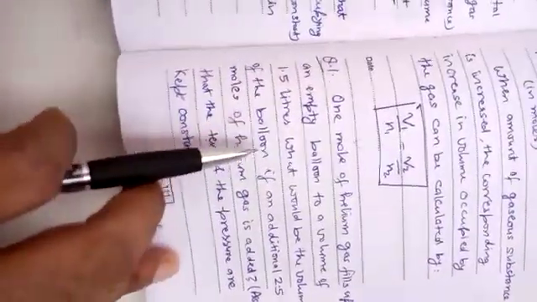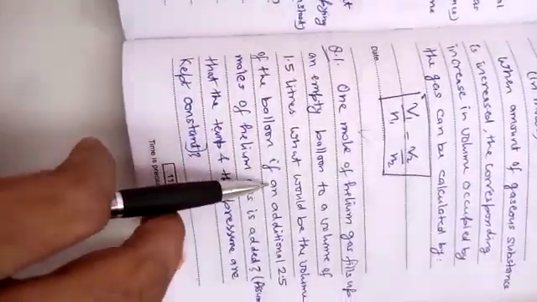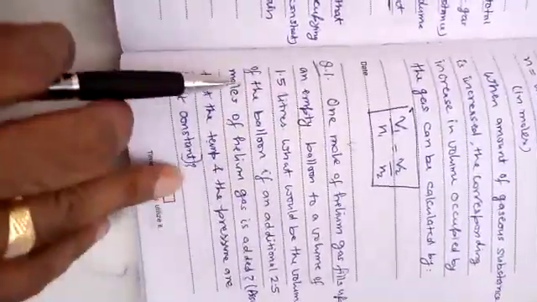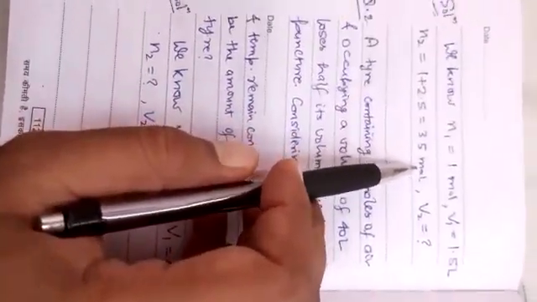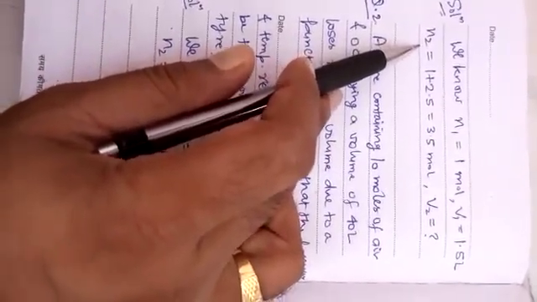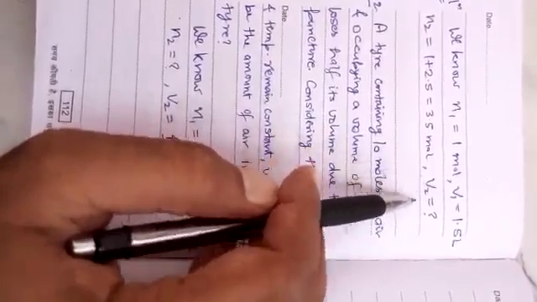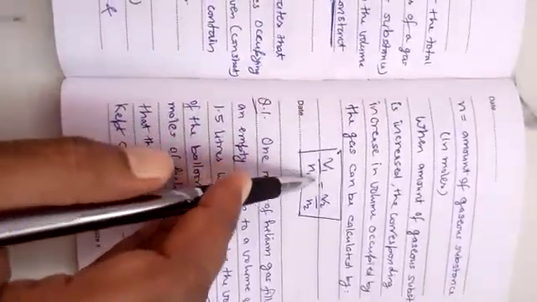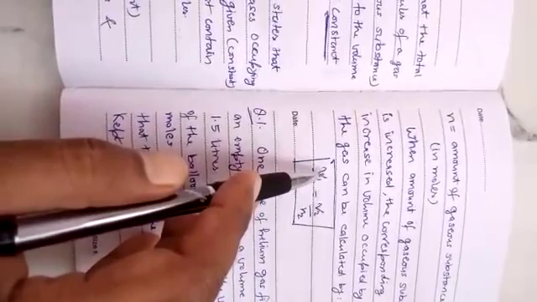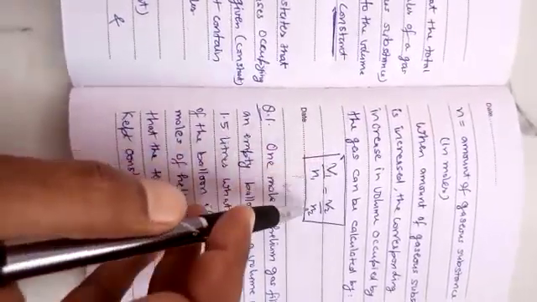An additional 2.5 moles, means 1 plus 2.5 moles is equal to 3.5 moles. This would be the final number of moles. Now what would be the final volume? We have to calculate V2. For calculating V2, we will again use this equation, V1 upon n1 is equal to V2 upon n2, and keep all the values of V1, n1 and n2 and calculate V2.